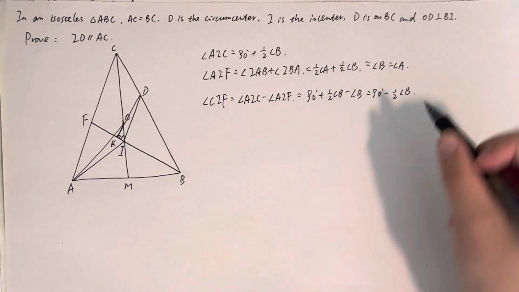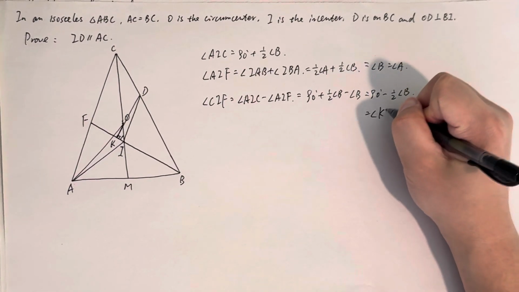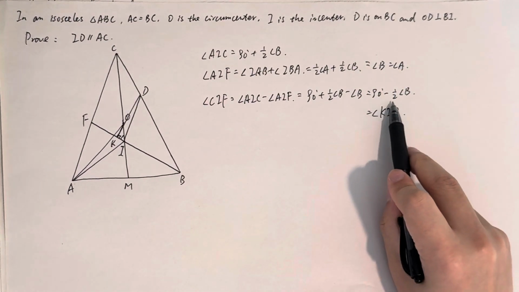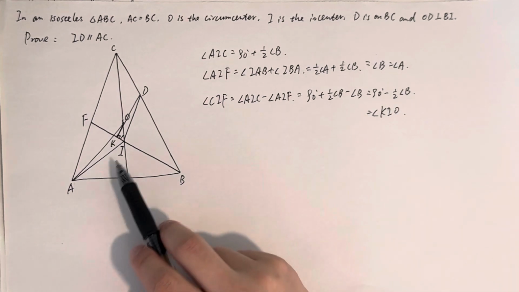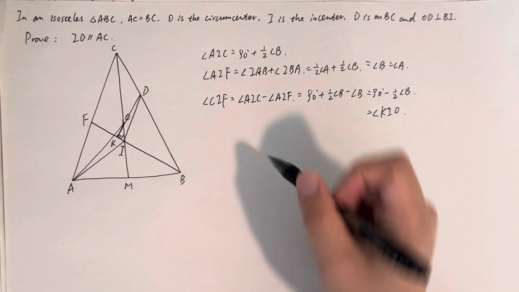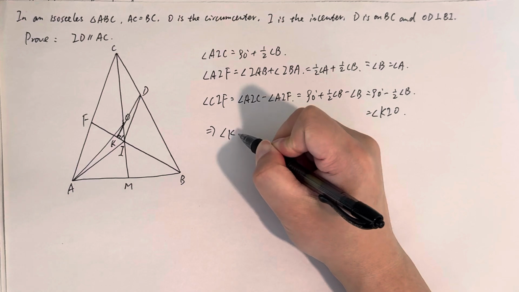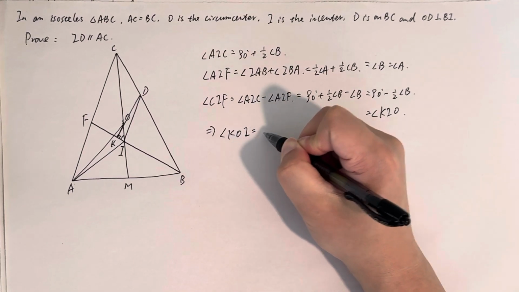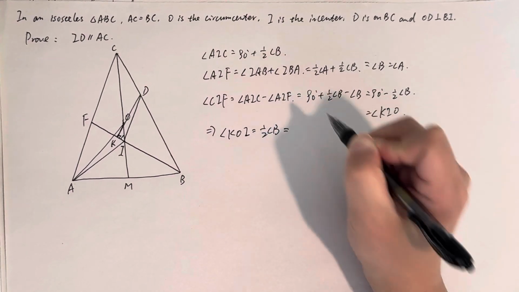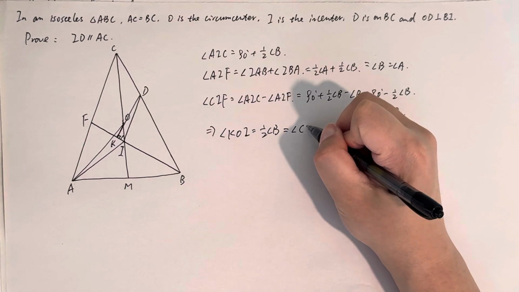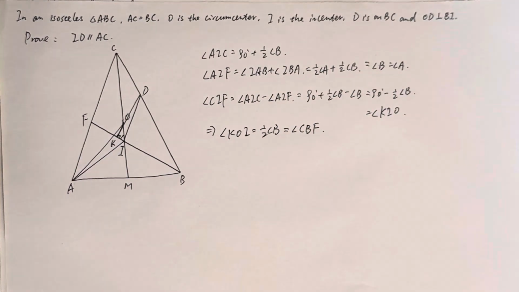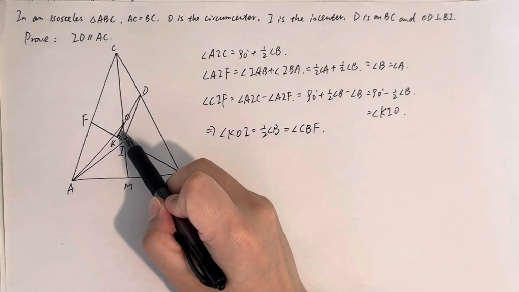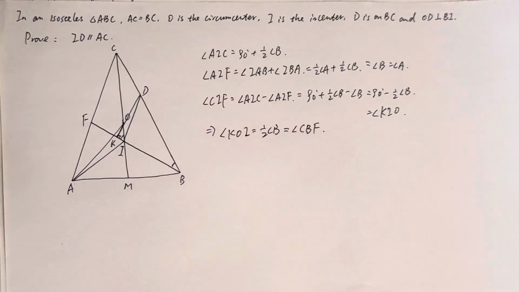So 90 degrees minus half of angle B equals angle KIO. That means angle KOI equals half of angle B, right? Equals angle CBF. So this is half of angle B and it equals this one.